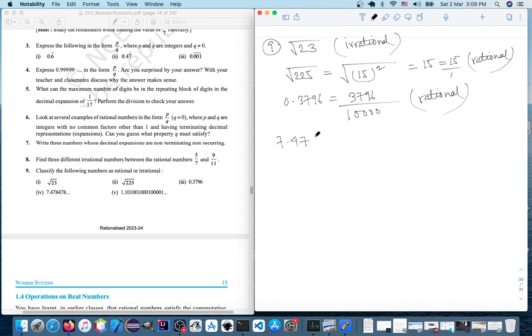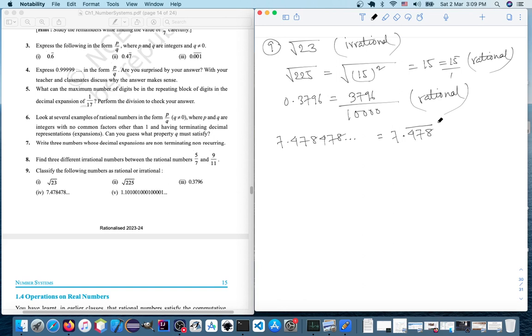7.478478, then dot dot dot, meaning it is a non-terminating decimal. Do you see any pattern over here? 4 7 8, 4 7 8. Yes, we can see a pattern over here. So we can write it as 7.478 bar.